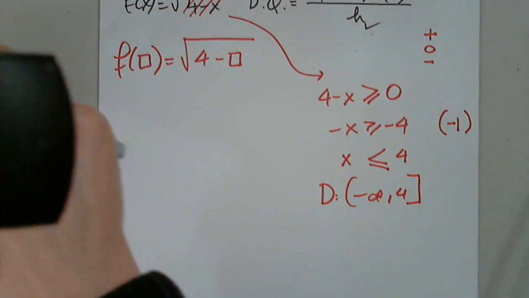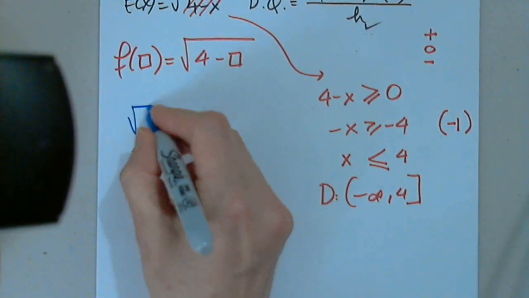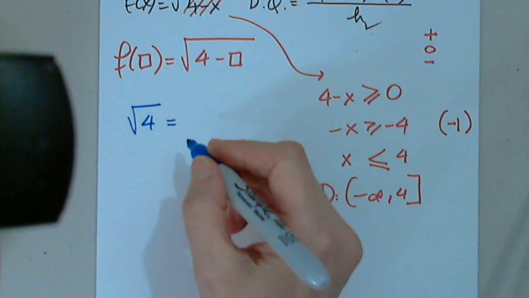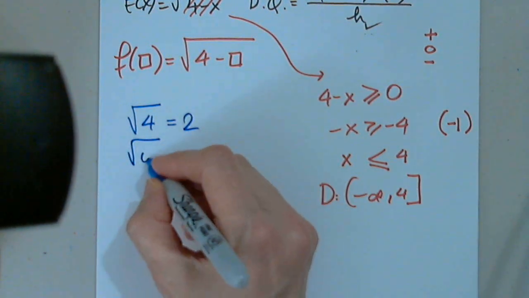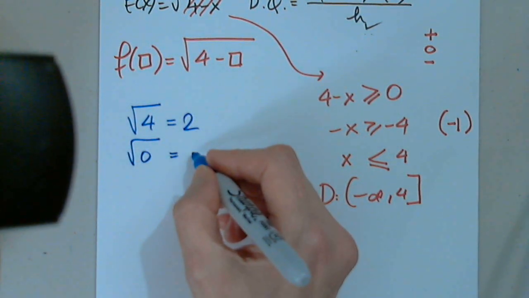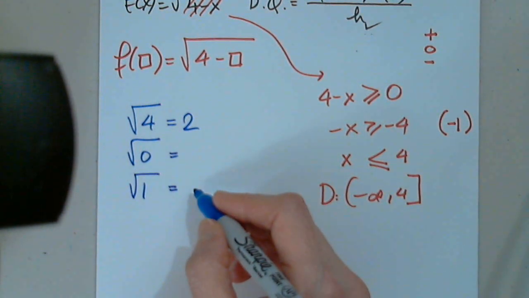Good. So now I'm coming back to the target. Stop me if you have questions. Why did you say it has to be greater than or equal to 0? How much is the square root of 4? 2. Excellent. How much is the square root of 1? 1.